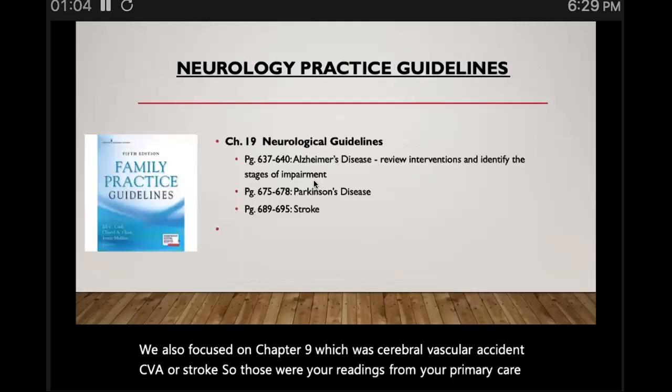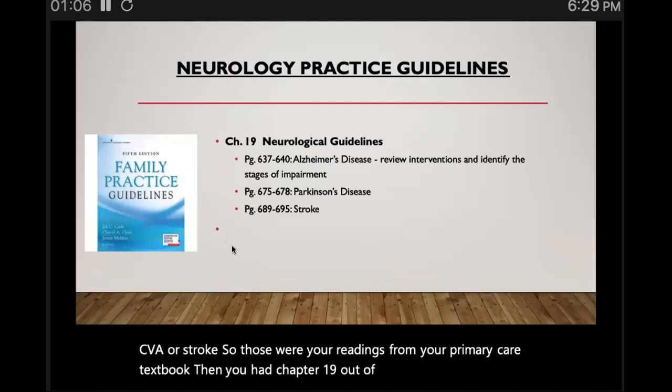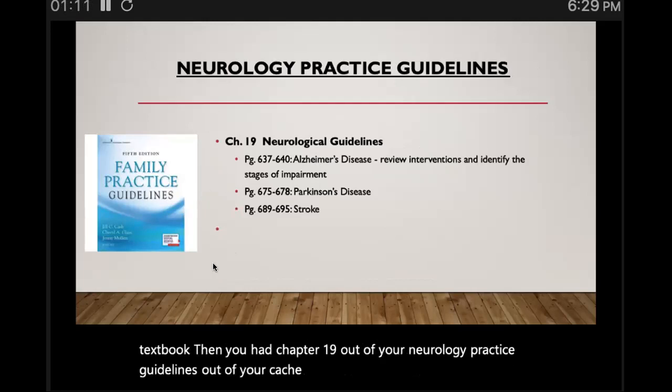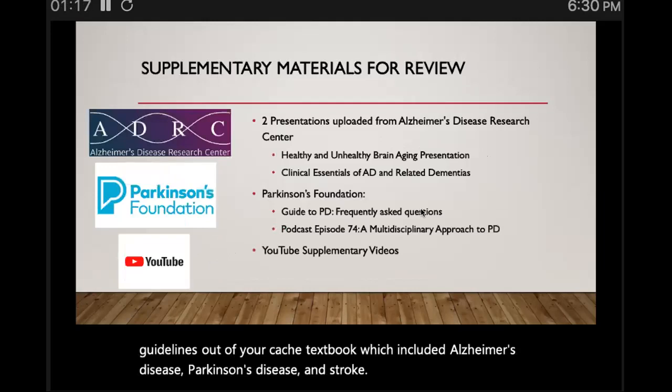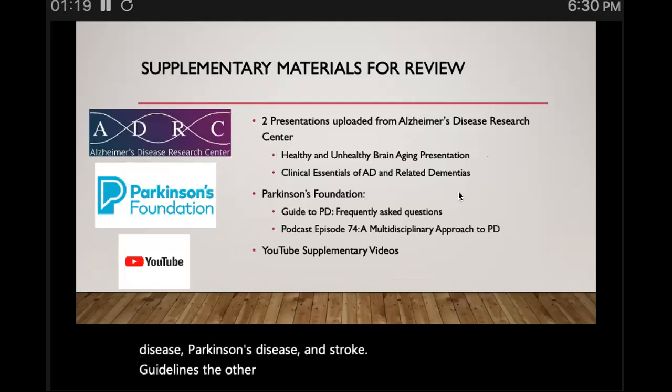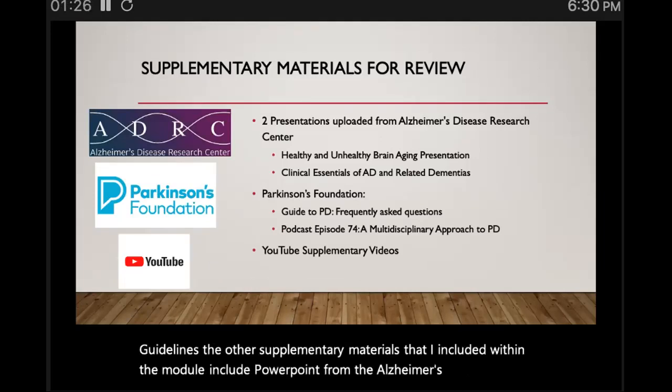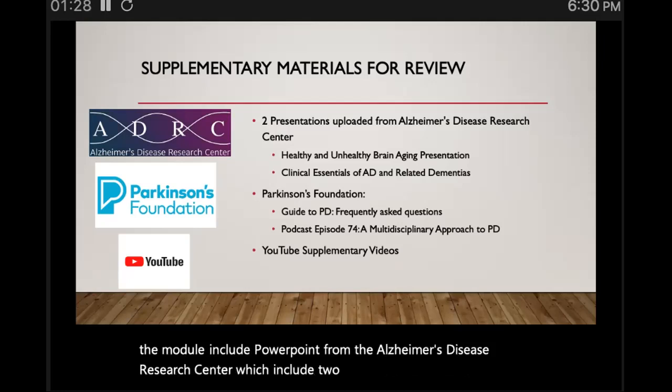Then you had chapter 19 out of your neurology practice guidelines, out of your CASH textbook, which included Alzheimer's disease, Parkinson's disease, and stroke guidelines. The other supplementary materials that I included within the module include PowerPoints from the Alzheimer's Disease Research Center, which include 2 different PowerPoint presentations.